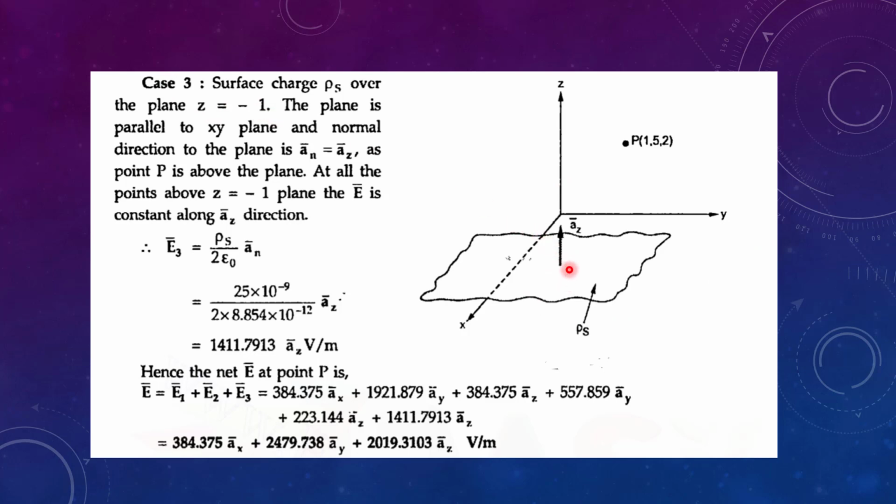So now the plane is parallel to the xy plane, and az cap is the perpendicular unit vector to this z is equal to minus 1 plane. See in the figure, az cap is perpendicular to this plane because it is parallel to the xy plane.